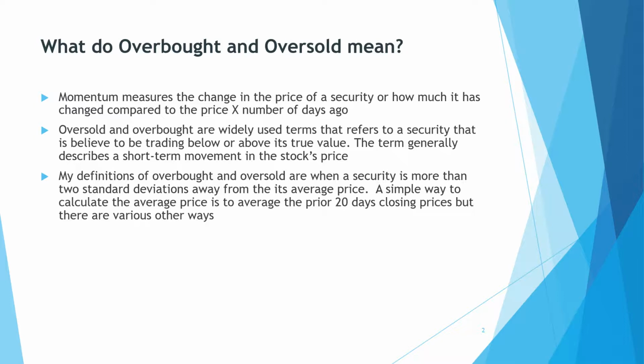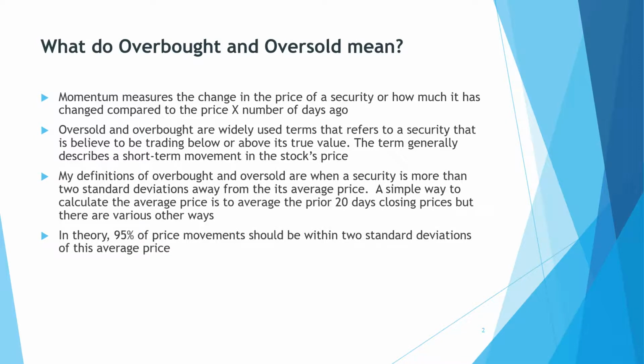There are various ways to determine the average price, but a simple way, and what I'm going to be using here, is the average closing price of the prior 20 days. It can get much more complicated than that. So in theory, 95% of a security's movement should be within two standard deviations of this average price.